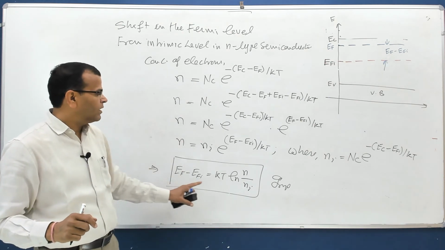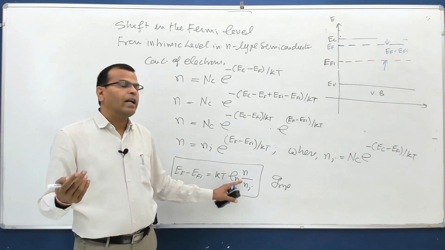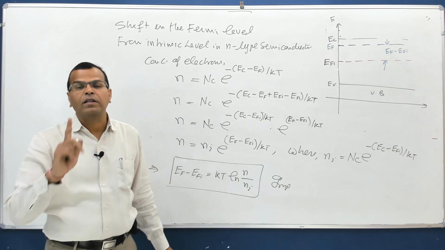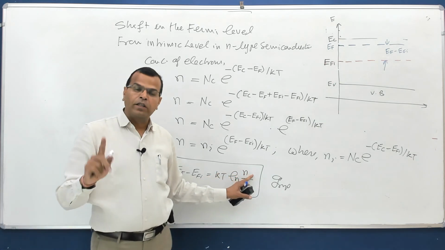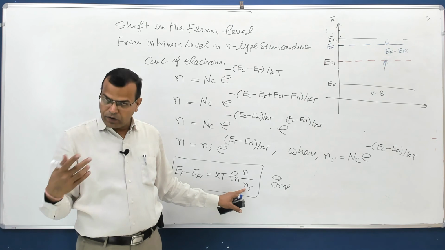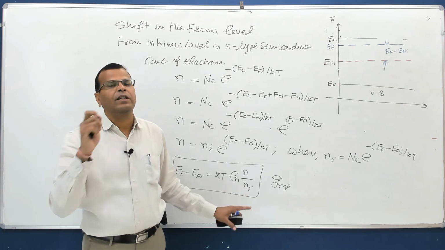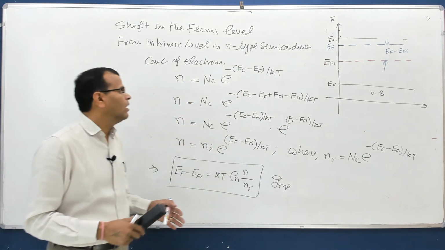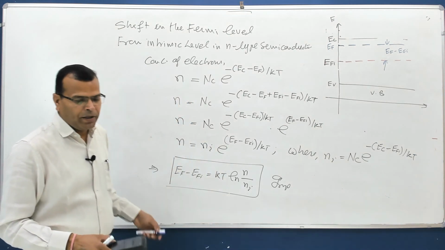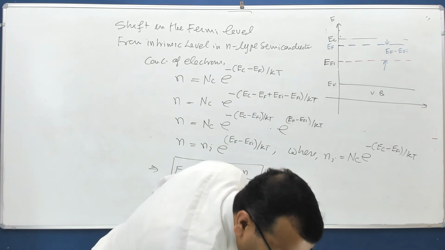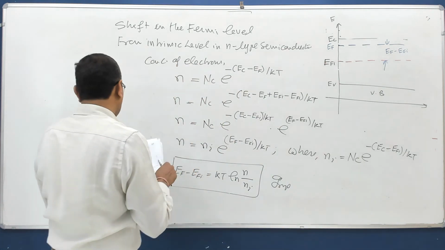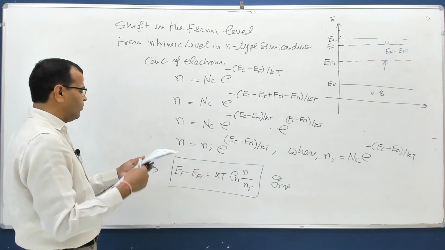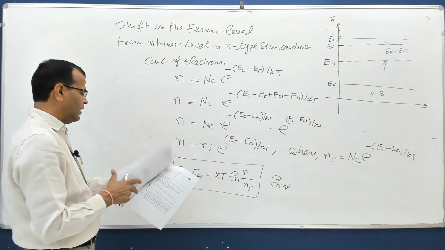So EF minus EI is simply kT ln n upon ni. Here n is the concentration of electrons in the conduction band, and ni is the intrinsic carrier concentration. That is an important expression. I hope you will remember this. There can be a numerical in future as well, and that was the concept involved in this case.